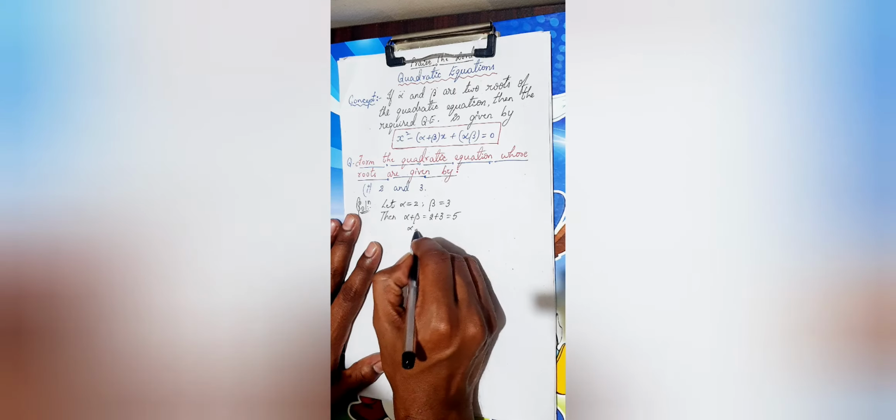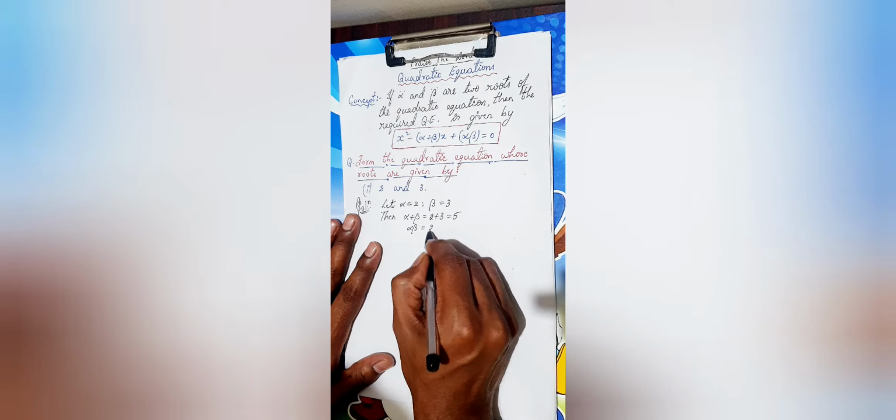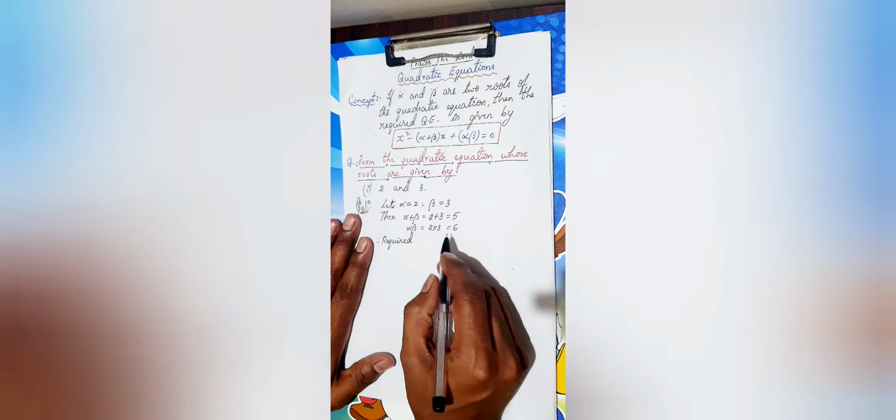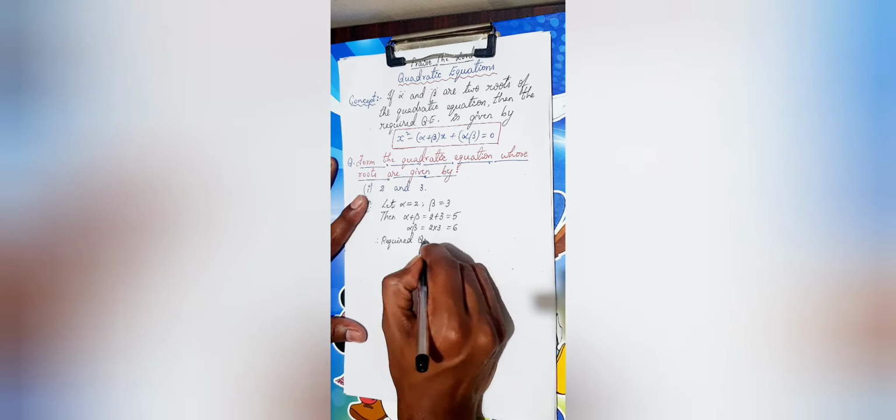Then alpha plus beta, that is sum of the roots, will be 2 plus 3, that is nothing but 5. Next, alpha into beta is nothing but 2 into 3, that is nothing but 6. Therefore the required quadratic equation is given by.